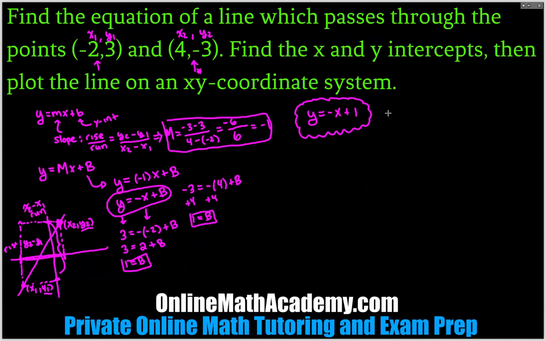So what are the x and y intercepts? So the x-intercept is the value of x when y equals 0. And the y-intercept is the value of y when x equals 0.